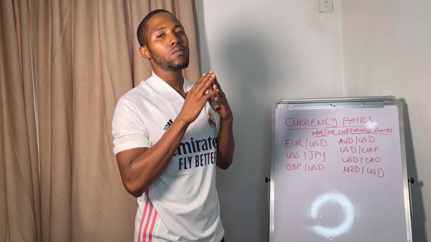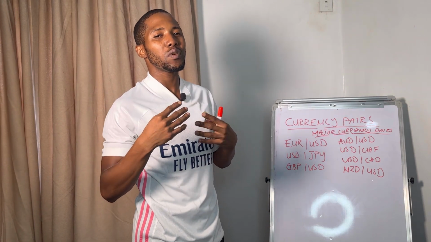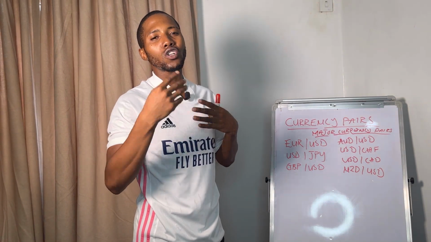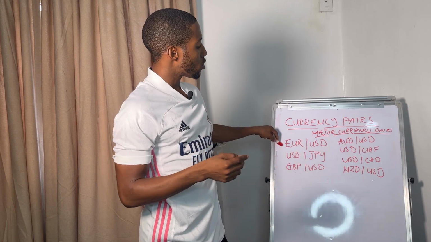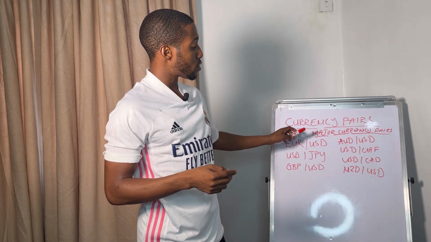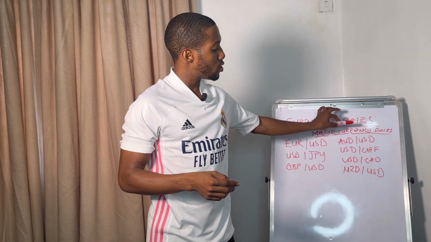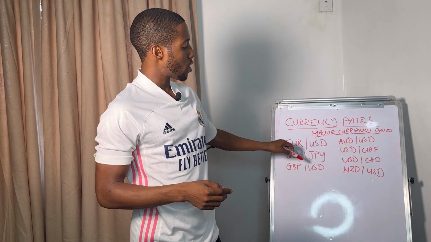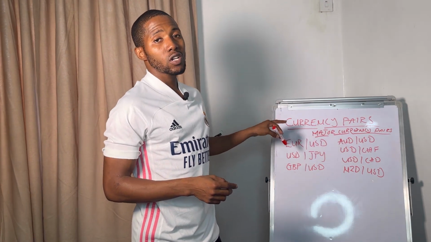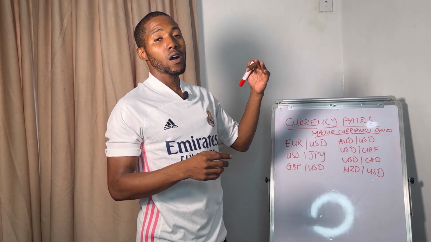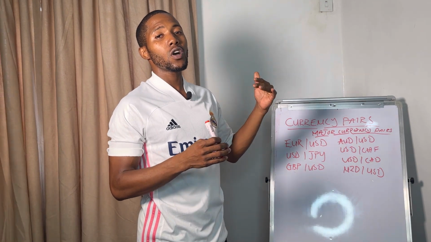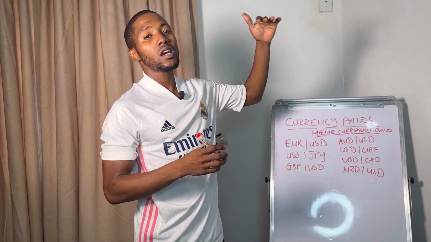It has very high volume; a lot of investors, traders and banks trade EUR/USD. Every currency here is involved with the United States dollar, and we have 7 major currency pairs, though in the last video I mentioned 8 currencies.